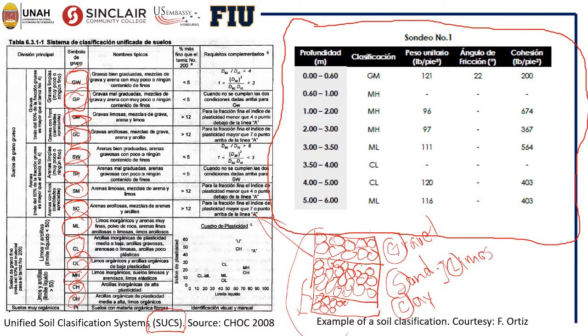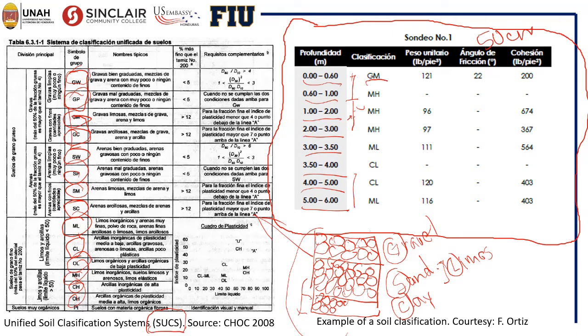For this geotechnical report in specific, they gave us the soil classification of the strata roughly every 50 centimeters for the first two, and then every 1 meter for the rest.